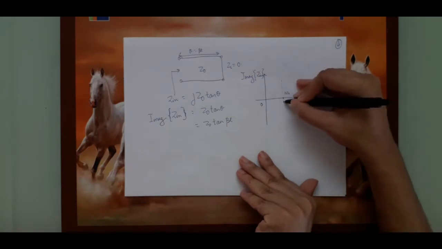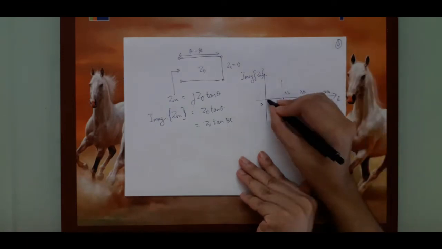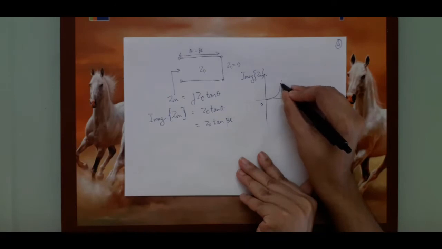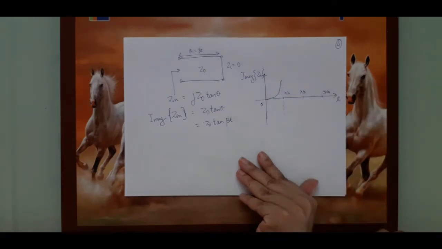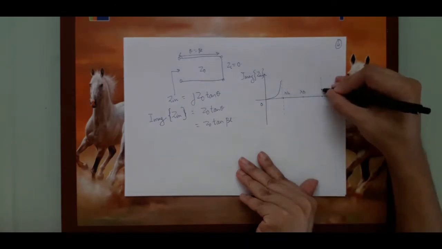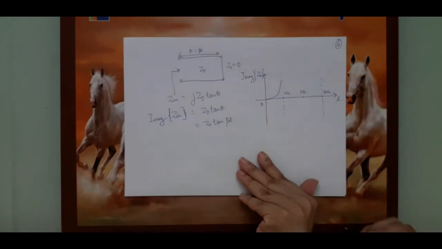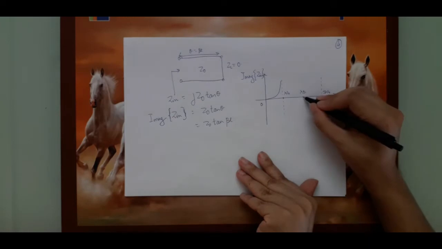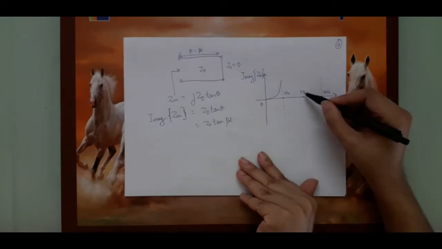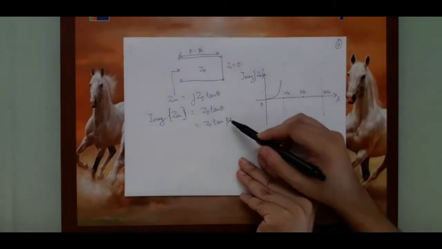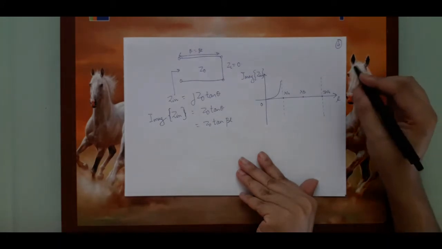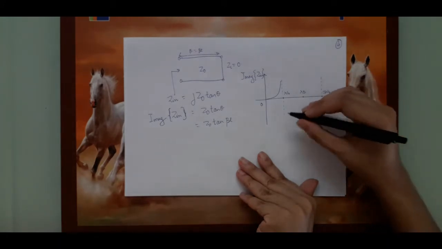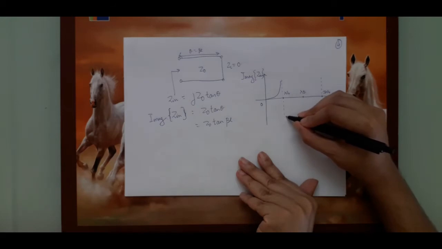So let us draw that. It will look something of this kind. Likewise, you can draw for the rest of the L axis. When L becomes lambda by 2, theta will become pi and tan of pi is 0. So therefore, the graph will be something like this now.